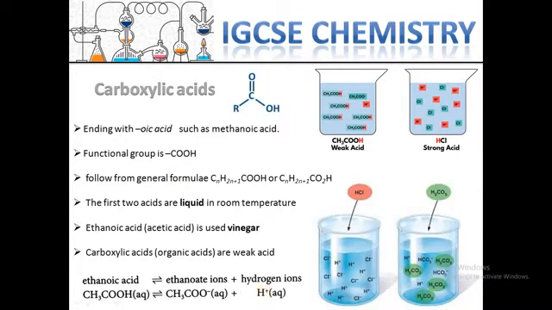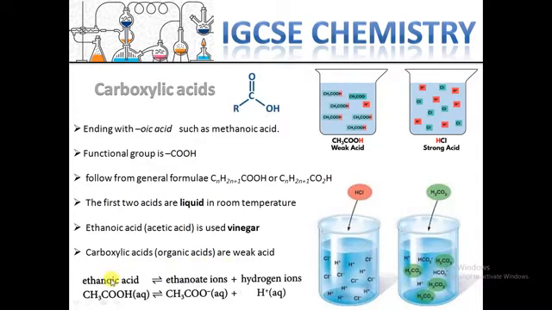We name a compound that can produce hydrogen ions an acid. Metallic acids or halogen acids like HCl produce more hydrogen ions, so they are strong acids. But carboxylic acid is a type of weak acid because it produces fewer hydrogen ions in solution.